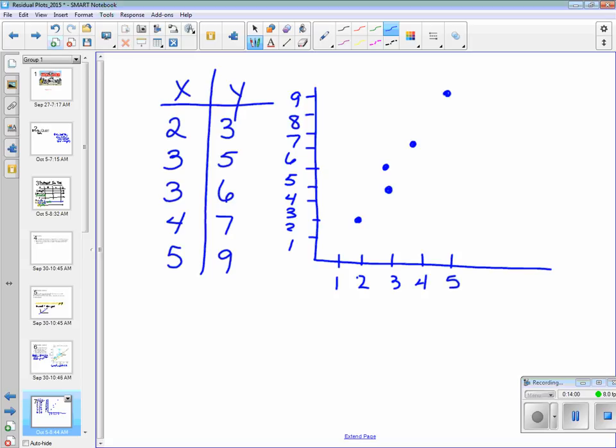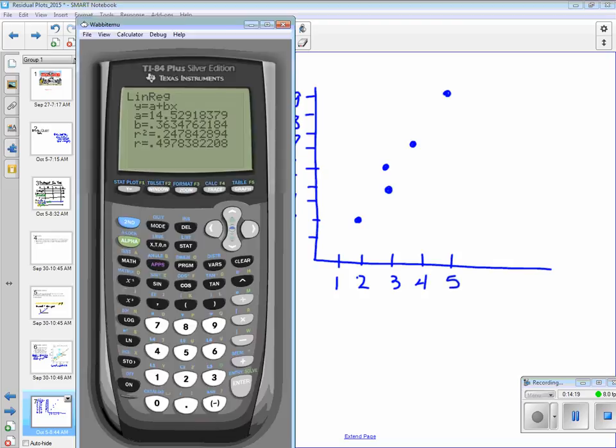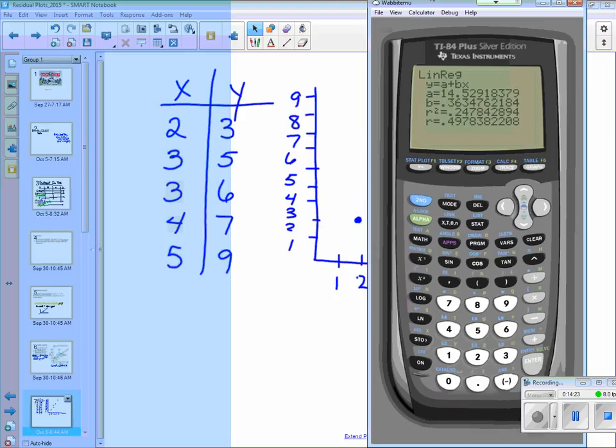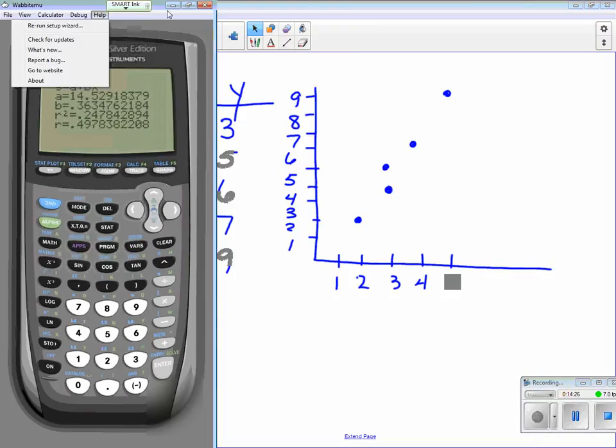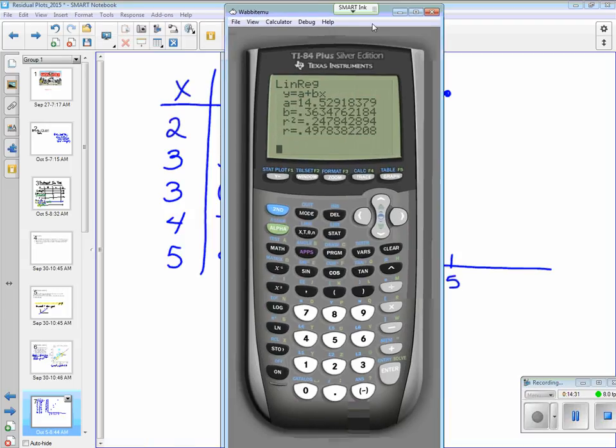Can you go ahead and put these values in the calculator for me? Let's do y1, y2. I'll pull up my calculator and do that too. There we go.